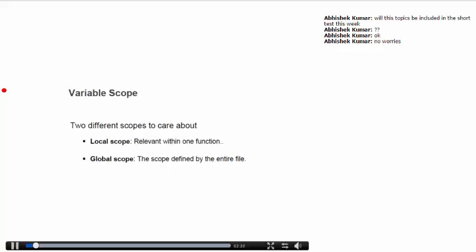Let's say you are storing an integer variable. For that integer variable, the boundary or the scope would be an integer number and nothing else. Not a decimal number, not a word, not a character.